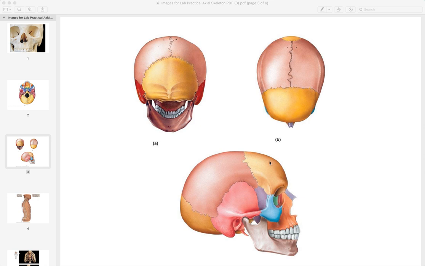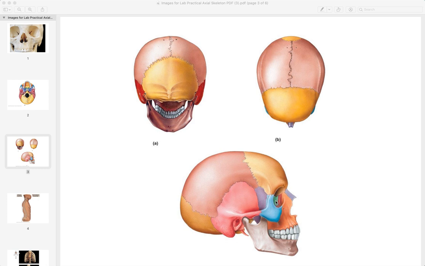This is the frontal bone. This is the temporal bone. This is the sphenoid bone. And this small green bone is the ethmoid bone.